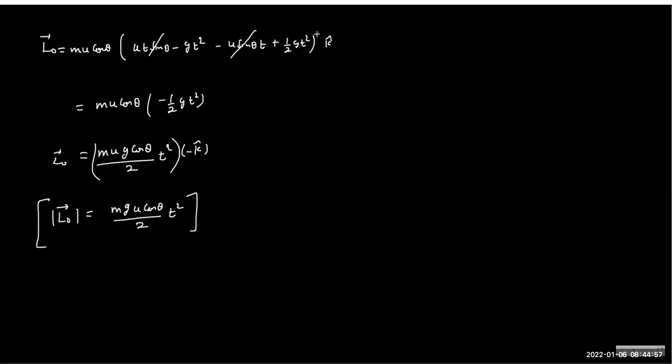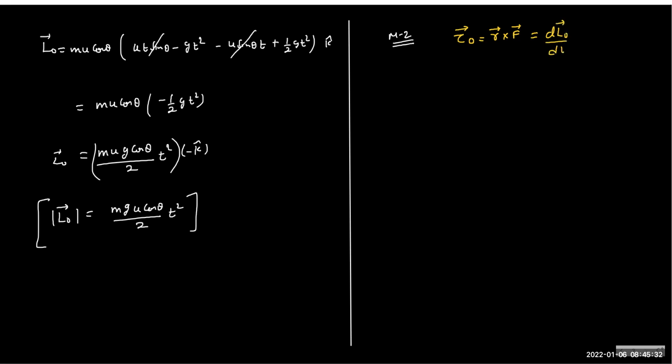So what is the alternative way of doing the same problem? Method 2 is fairly useful in a variety of situations. We know that the torque about any point is equal to r cross F, and the torque definition is nothing but the rate of change of angular momentum about the point.